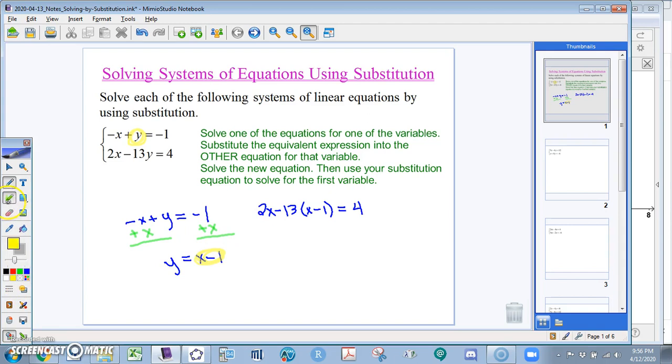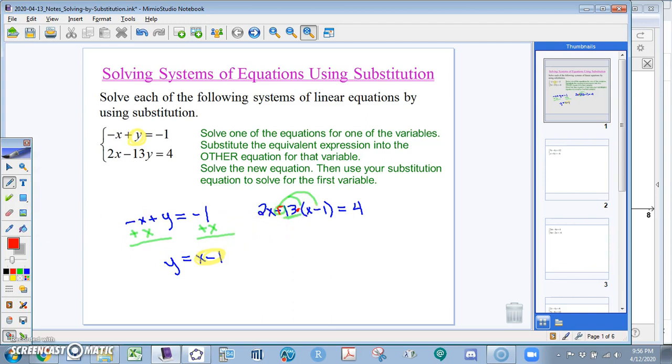First thing you want to make sure that you understand and know how to do is to distribute, because we've got to make that our first thing, which is to distribute this minus 13. You could really think of that as plus a negative 13. I do not combine the 2x with anything yet. I need to distribute that minus 13 because it says minus 13 times x minus 1.